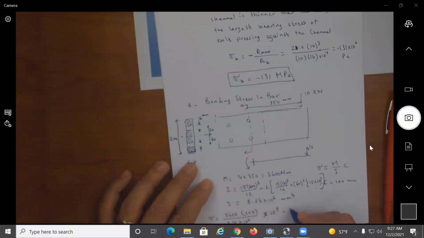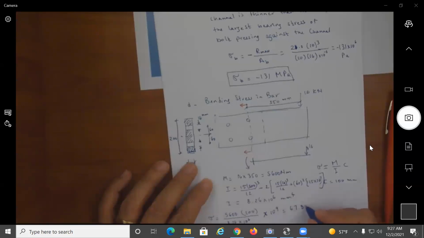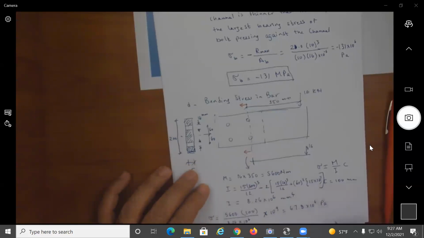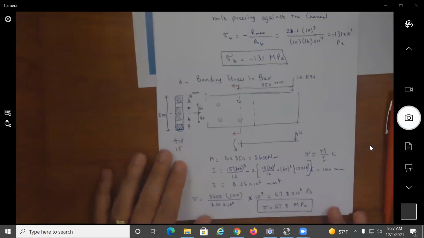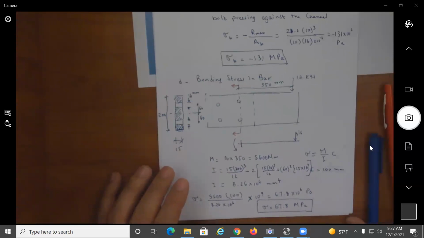So I would get 67.8 times 10 to the power 6 pascals, which is then sigma is equal to 67.8 megapascal. That's going to be the bending stress in the plate.